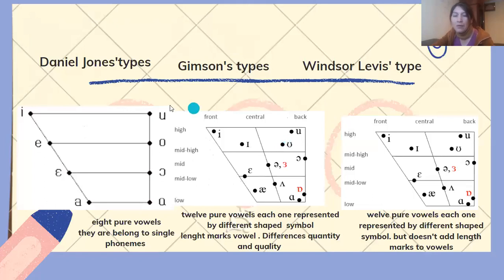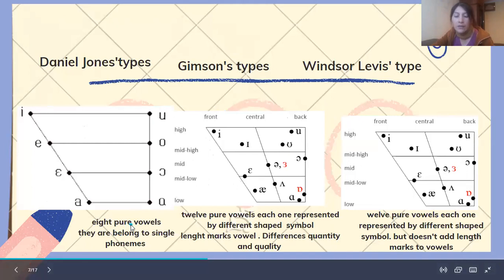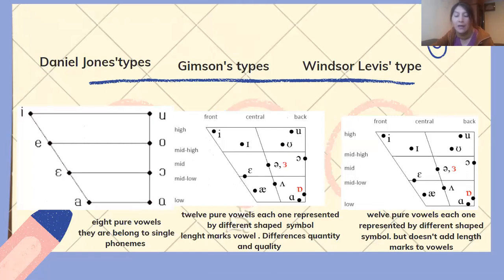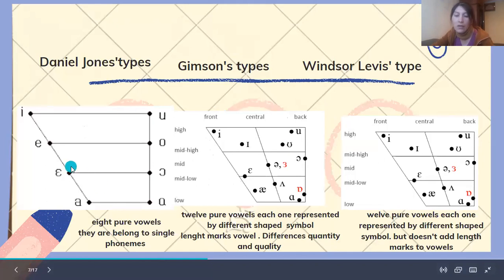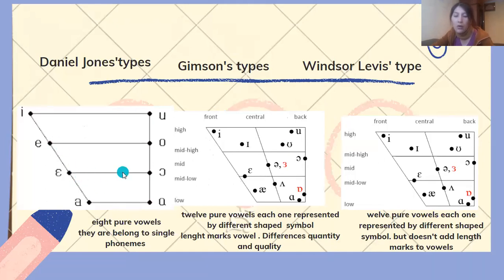We can see the Daniel Jones type. It uses only 8 pure vowels. He considered they belong to single phonemes, only 8 pure vowels. While Jameson's type refers to 12 pure vowels, each one represented by different shape symbols. He uses the landmark vowels.